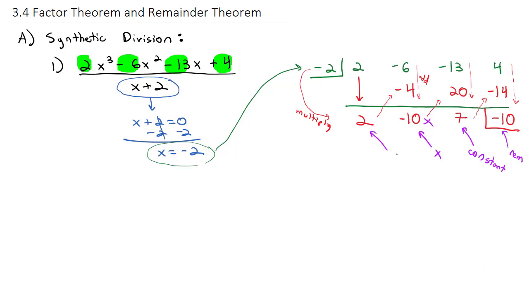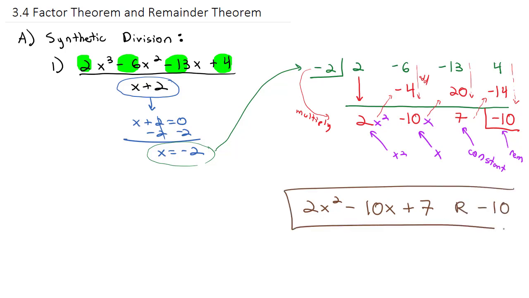The number before that's going to have an x squared on it. And if there are more, I would keep going: x cubed, x to the 4th, x to the 5th, and so on, counting up. The way I can interpret this answer then is I have 2x squared minus 10x and a +7, the sign's not there, but I know it's positive, with a remainder of -10, and that's going to become my quotient when I do the synthetic division.